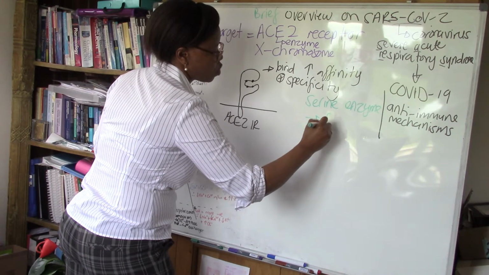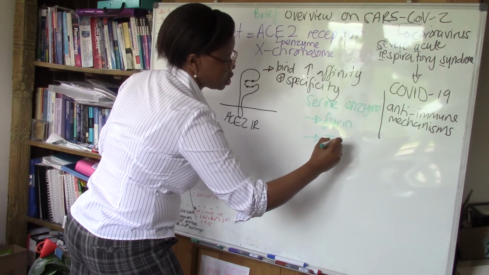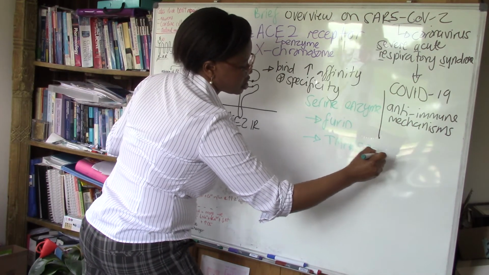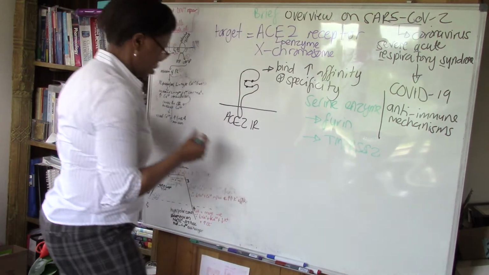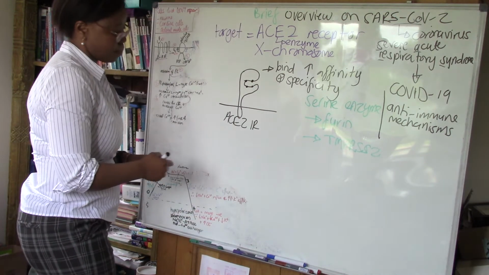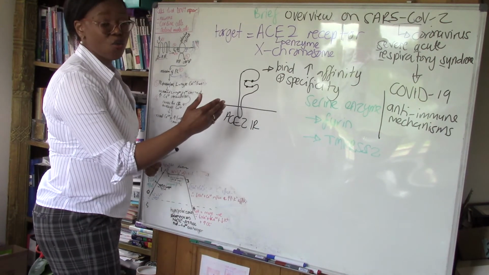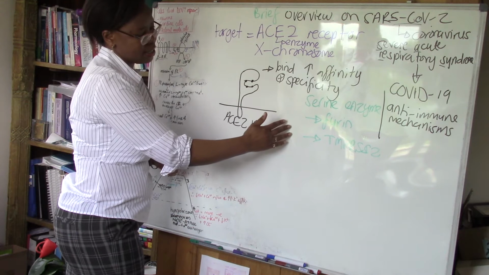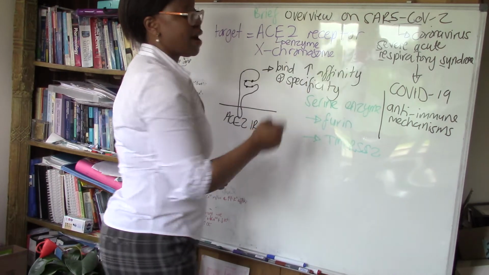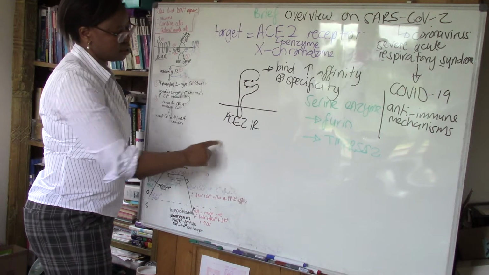Specifically, an enzyme called furin, and another enzyme which is called TMPRSS2, and that's just transmembrane protease serine 2. And both these two enzymes are required, and they will bind, transform, and activate the virus at different sites in order to facilitate its entry into the cell.